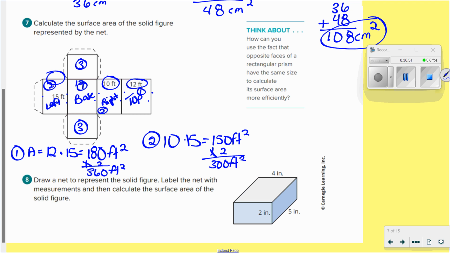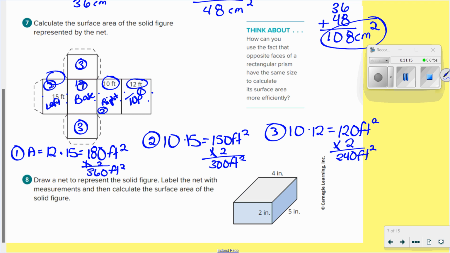Make sense? Then I have the last 2, our rectangles number 3. What is the width of rectangle number 3? 10. And what is the length? 12. So I get 120 feet squared. But I have 2 of them, so that is 240 feet squared.